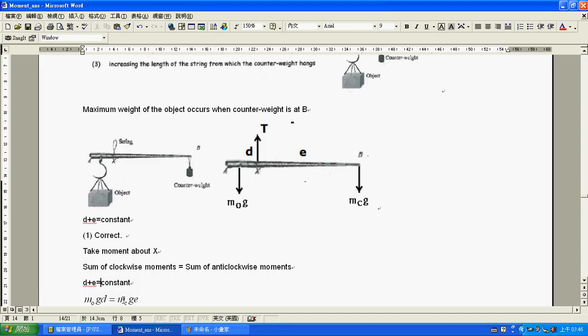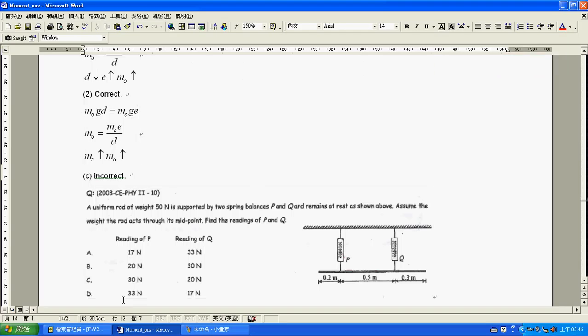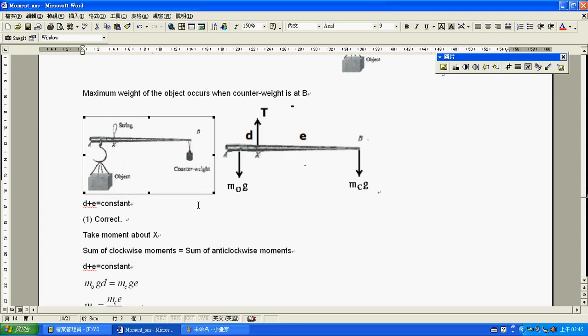And then we have part C, increasing the length of the string. Well, this is incorrect. This is incorrect because if we look at the free body diagram, however long the string is, the tension has to be equal to the weight of the object plus the weight of the counter mass.